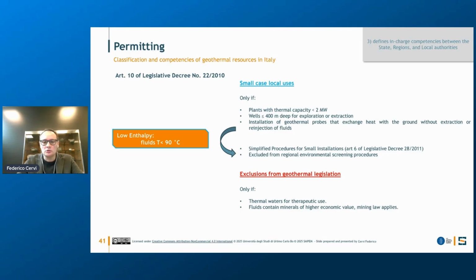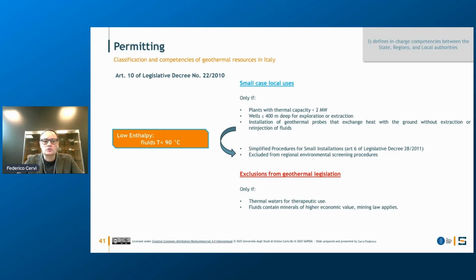It distinguishes two main types: plants with a thermal power of less than 2 thermal megawatts and built with wells up to 400 meters deep, and plants with geothermal probes that exchange heat with the subsoil without extracting or re-injecting fluids.